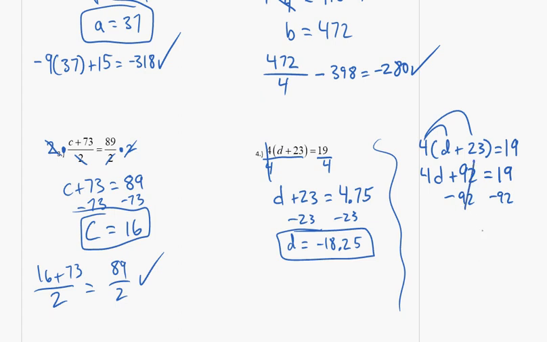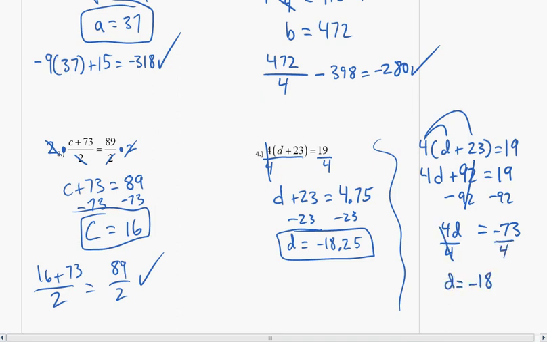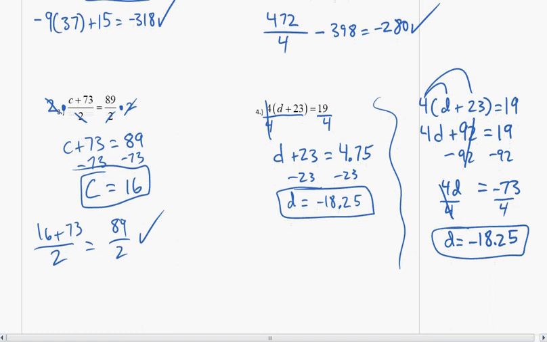The 92's cancel, so I've got 4d is equal to negative 73. And divide both sides by 4, and lo and behold, you get the same thing, negative 18.25. And once again, take a minute and check: 4 times negative 18.25 plus 23 really does come out to give you 19.